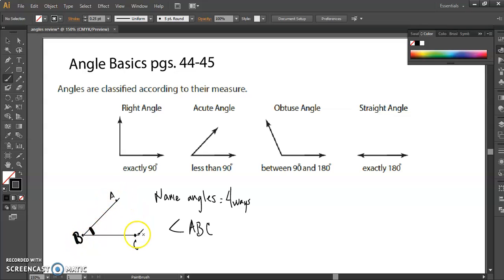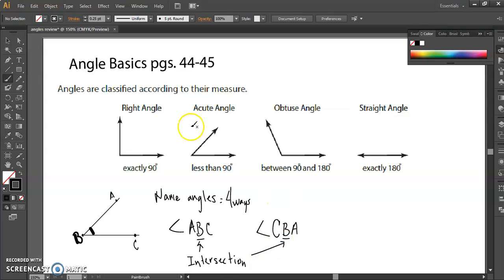Angle ABC, with my point of intersection always staying in the middle. The other way that I can name it is backwards. I can say this is angle CBA. Again, following my points, but now in a different direction, CBA, and my point of intersection is still in the middle.